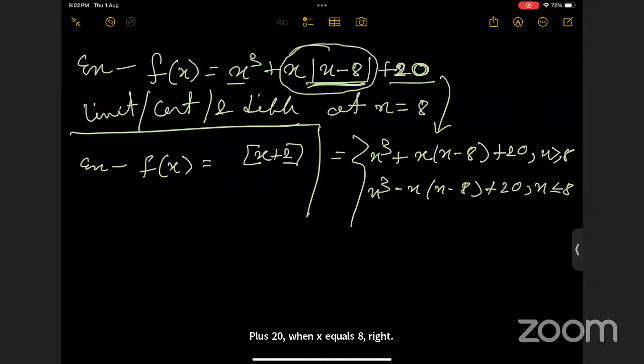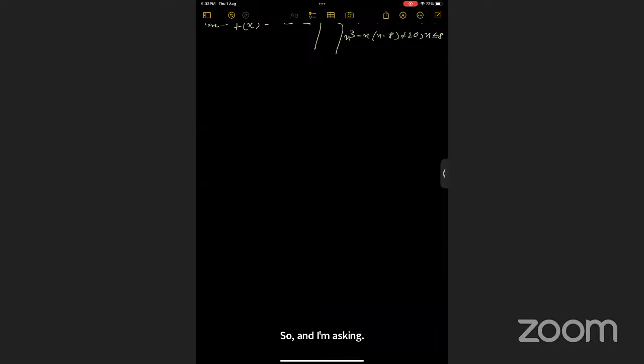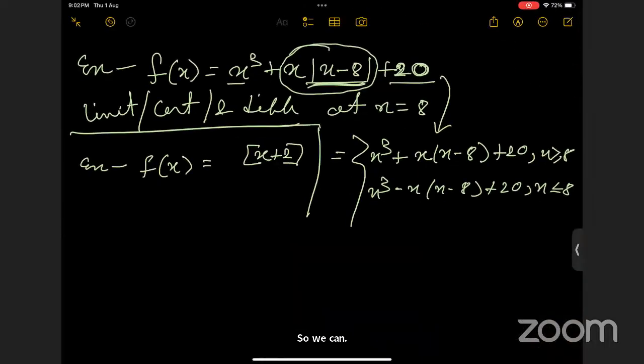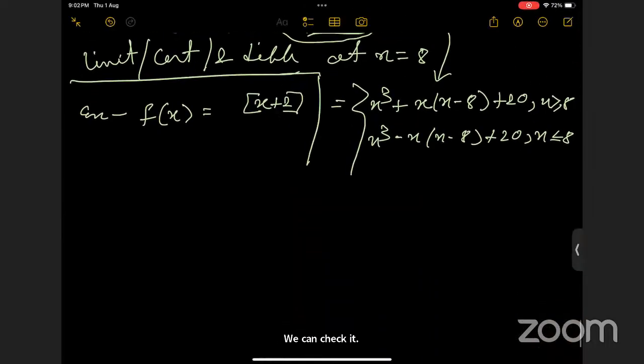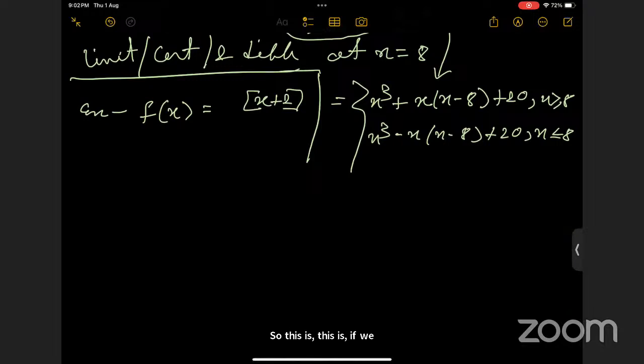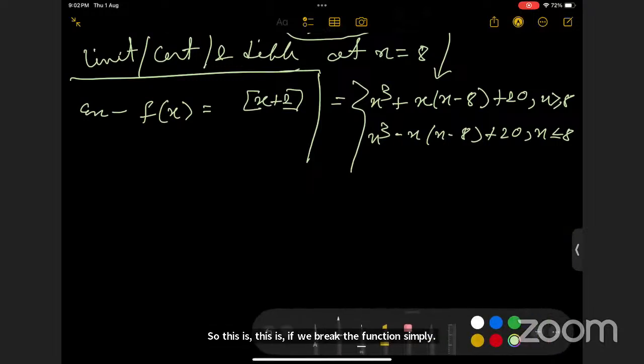It's the same function as in Desmos. There are no sharp points at x equal to 8 now. So we can check it. If we break the function down simply, this is the function, right?